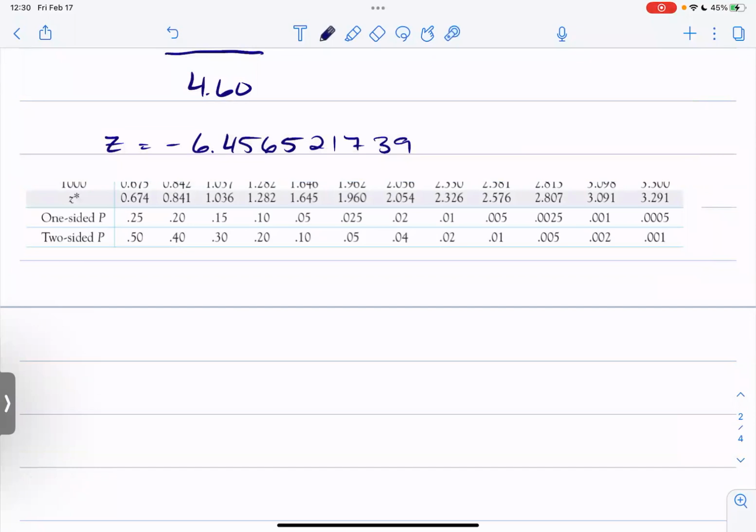And I'm just going to focus on the one-sided P because two-sided, you can just figure out. You don't actually need the two-sided, although it's going to be nice later, you'll find, to have it.